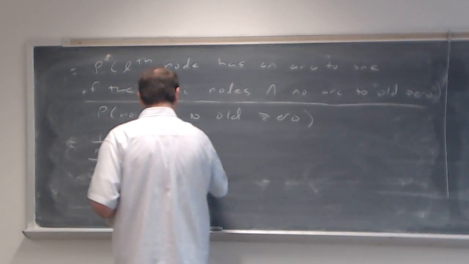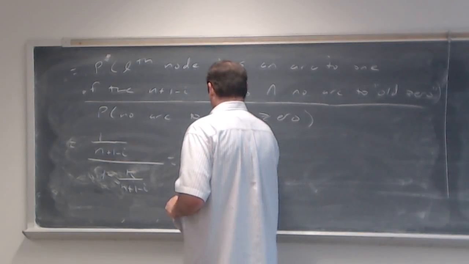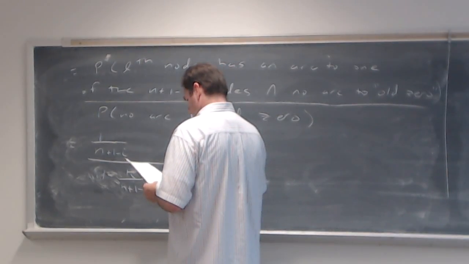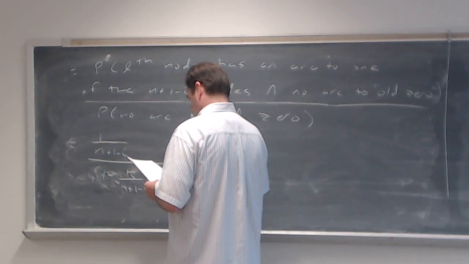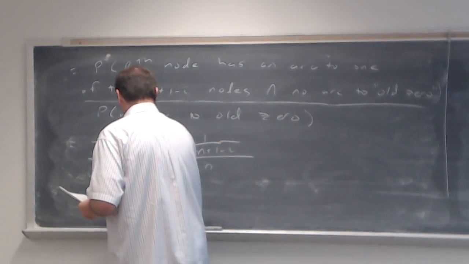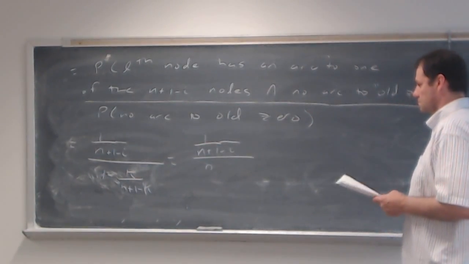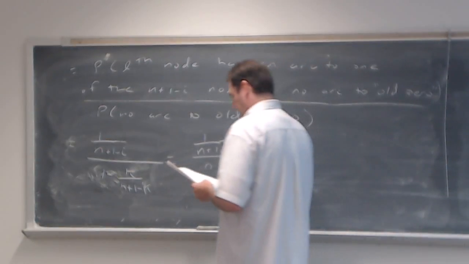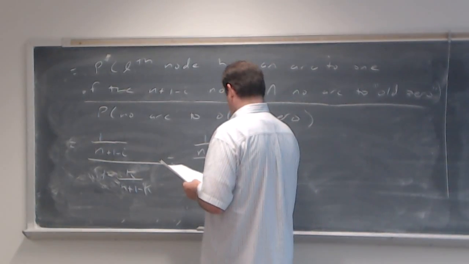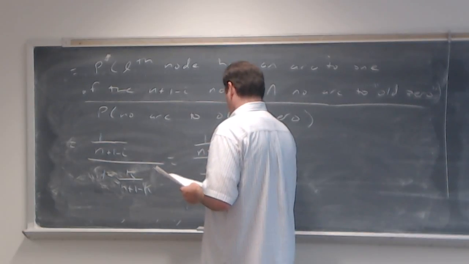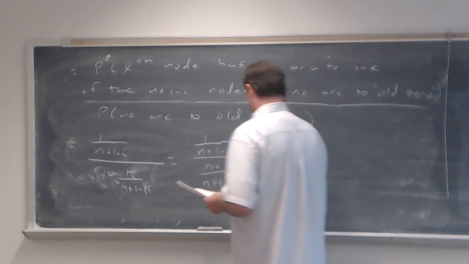So that ends up being 1 over n plus 1 minus I. Over here, this should be k. Here, this will be n plus 1 over n plus 1 plus k.